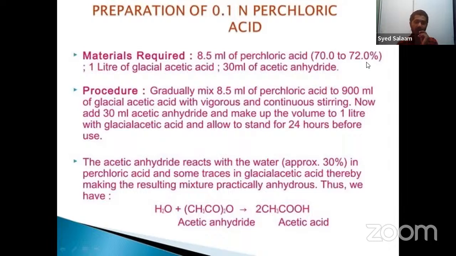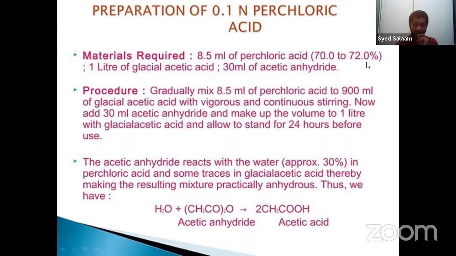For 1 liter, we use glacial acetic acid and 30 ml of acetic anhydride. Gradually mix 8.5 ml into 900 ml of glacial acetic acid with vigorous, continuous stirring. Then add 30 ml of acetic anhydride, then make up the volume to 1 liter with glacial acetic acid.